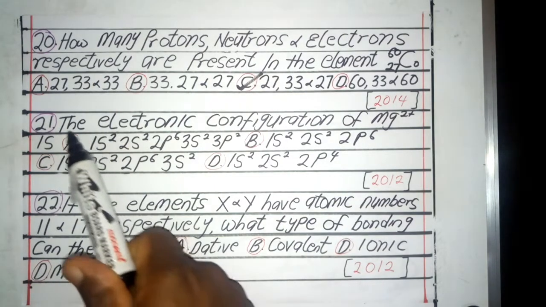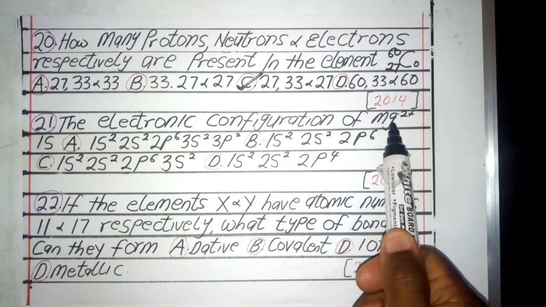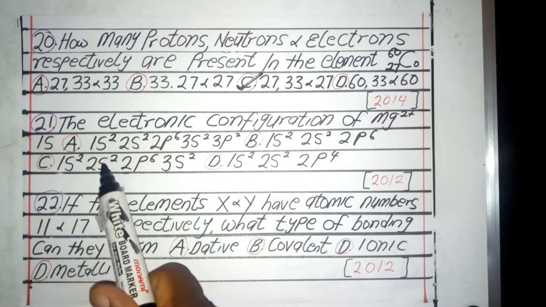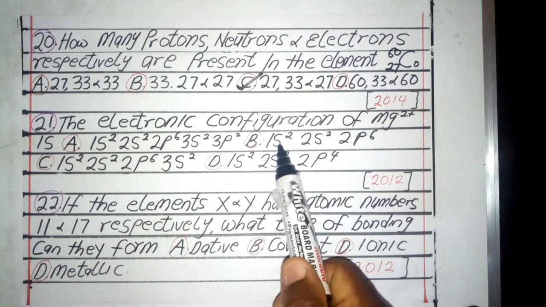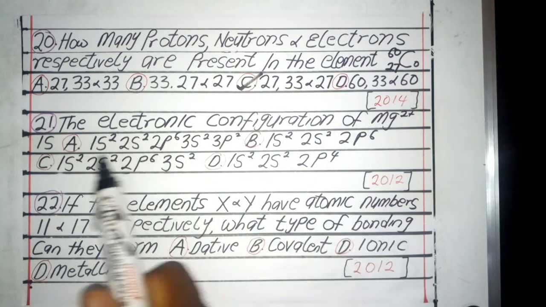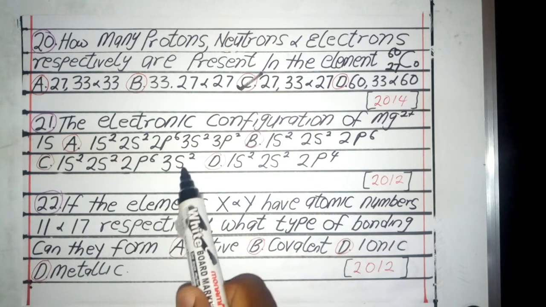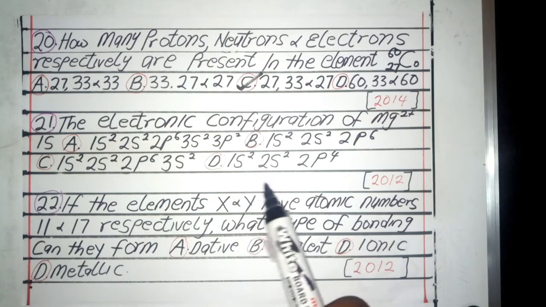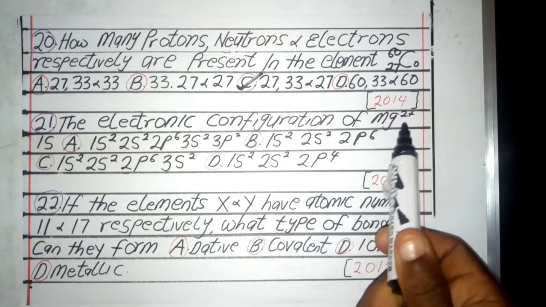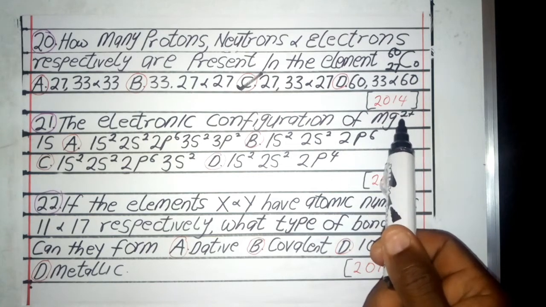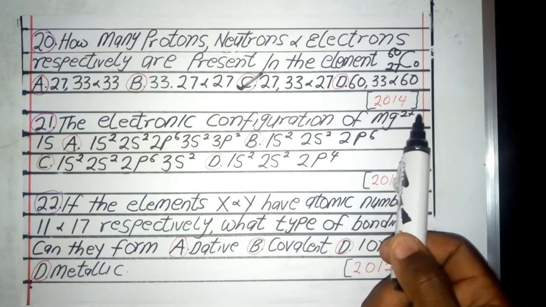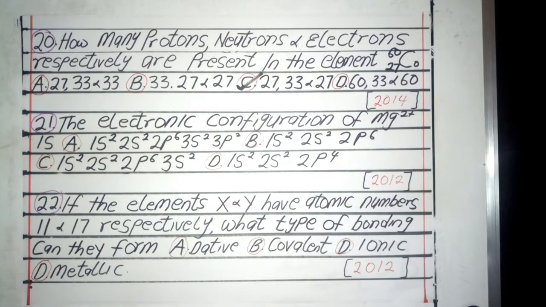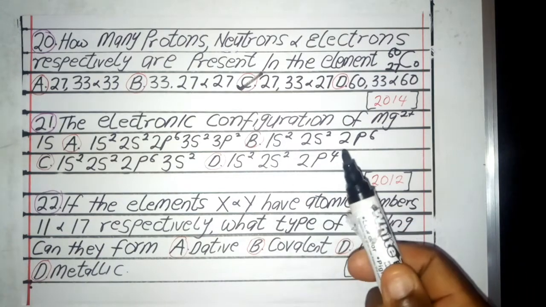Next question. The electronic configuration of magnesium ion is: A, 1s2, 2s2, 2p6, 3s2, 3p2; B, 1s2, 2s2, 2p6; C, 1s2, 2s2, 2p6, 3s2; D, 1s2, 2s2, 2p4. Remember, this is not a neutral atom, this is a magnesium ion. Magnesium has atomic number 12.